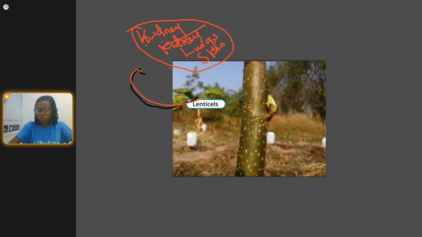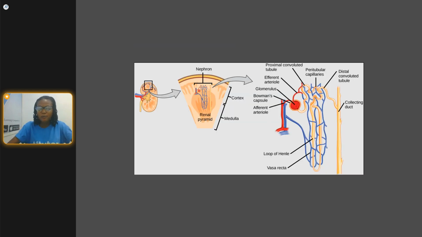Okay, so I want to show you a structure now for human. I know you are familiar with this bean shape from the kidney I showed you earlier.